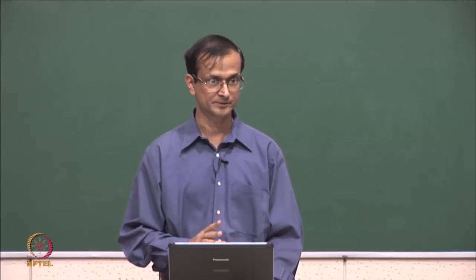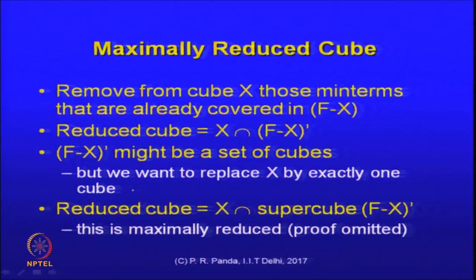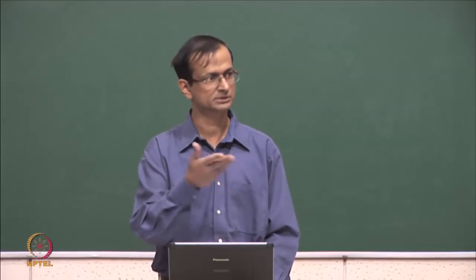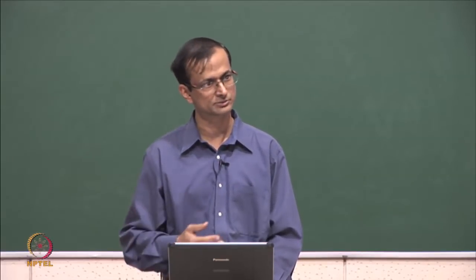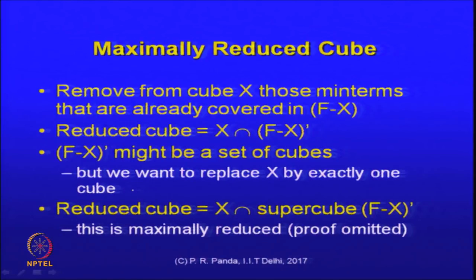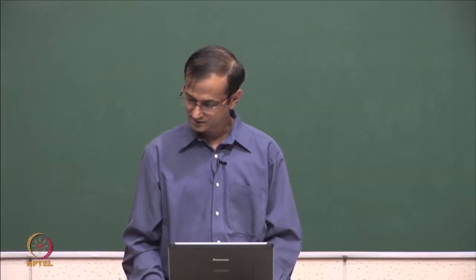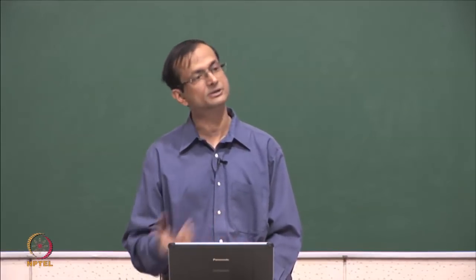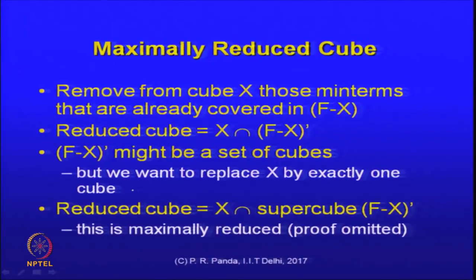Intersection is fine actually. If you take the intersection of two cubes according to our definition of intersection, you get only one cube, that you can see in the representation itself, right, there is only one cube that is there. But then since the complement resulted in a disjointed set of minterms that do not necessarily form a cube, the intersection of x with that complement also may result in multiple cubes.